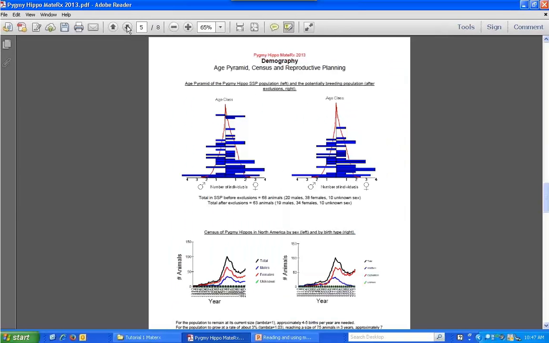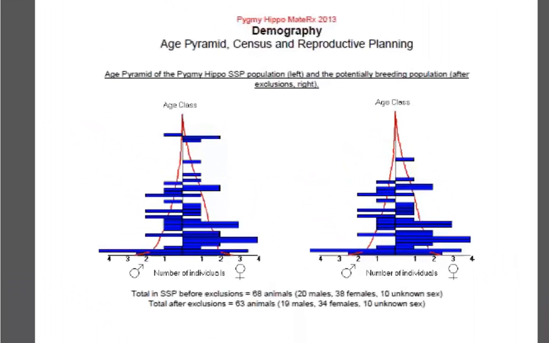So the next sections of the plan include some additional information on the demographic and genetic status of the population, information that is important in population planning. First, demography. We include the age structure, which is an important reference since a goal of population planning is to maintain or to try to achieve a stable age distribution.